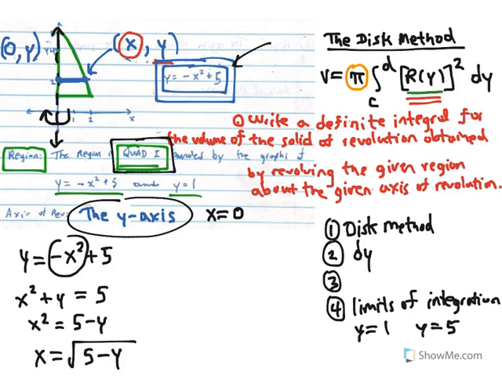So that allows us to replace the x coordinate with the square root of 5 minus y. So any point that's on the graph of y is equal to negative x squared plus 5, you can replace the x coordinate with the square root of 5 minus y. We just have x written in terms of y.